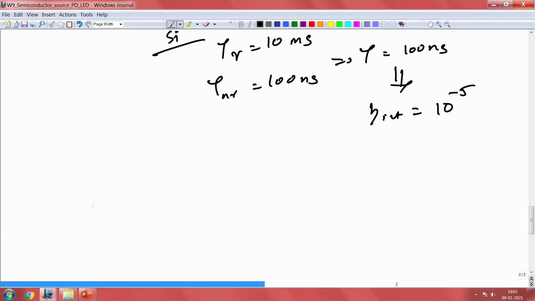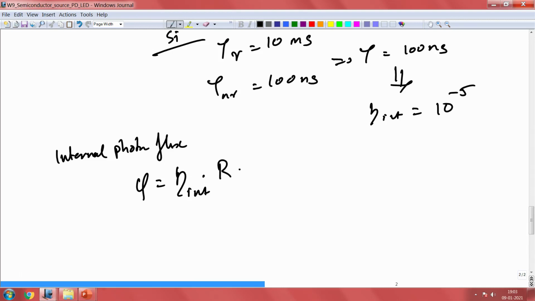Okay. So, your internal photon flux phi is related to your quantum efficiency times R times V. So, what is R?